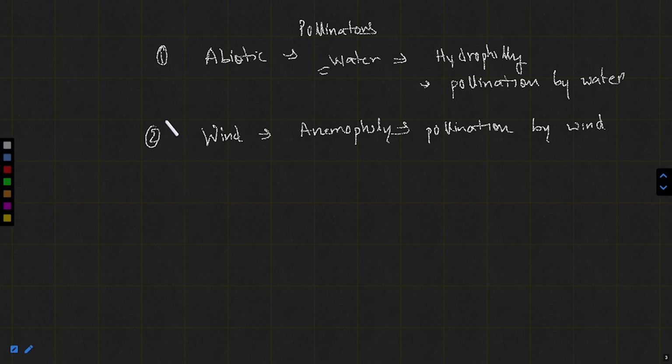Then let's talk about the biotic factor. First was water, second was wind. Now the biotic factor: these are animals. Pollination by animals is known as zoophily.